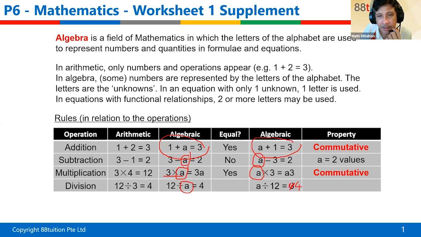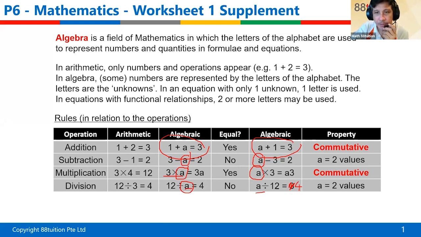I just swap the a and the 12. So a divided by 12 and I end up with 4. My a actually takes on a value of 48, because 48 divided by 12 gives me 4. But in the first equation, a only takes the value of 3. So for division, it follows the same rule as subtraction.